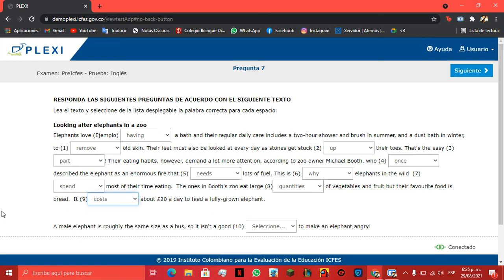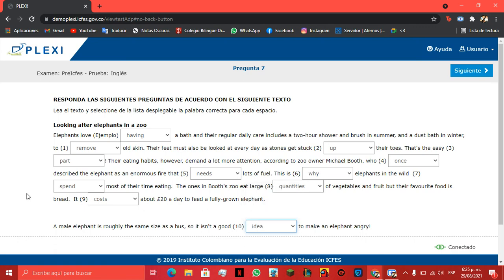And at the end, it says a male elephant is roughly the same size as a bus. So it isn't a good purpose, idea, opinion, thought, I think, to make an elephant angry.